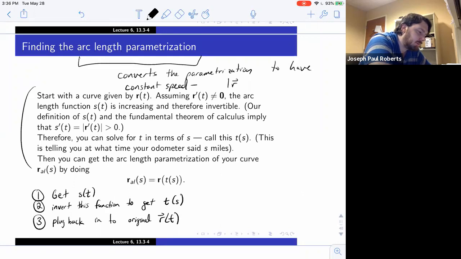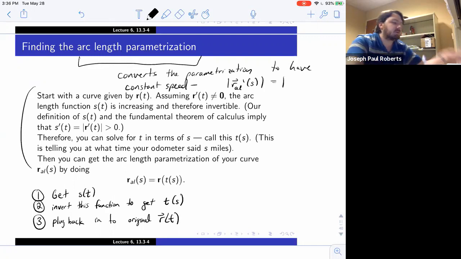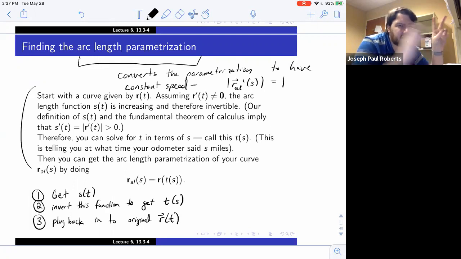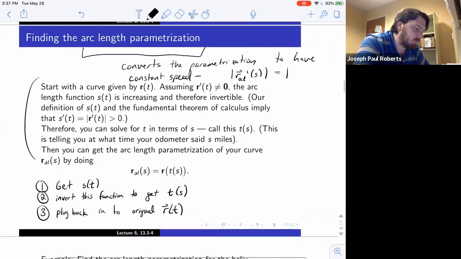And so constant speed in the sense that if we call it r AL of s, or arc length parameterization, it turns out that it's always actually going to be speed 1. So it's a nice standard way to trace out our curve.